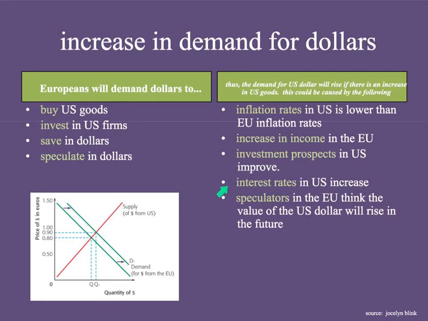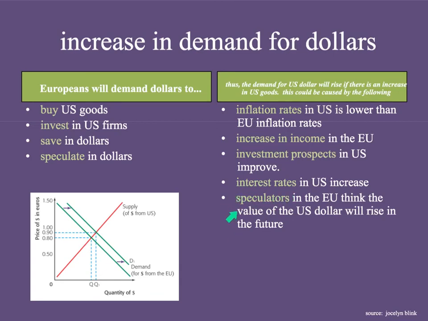European citizens would have an incentive to sell their euros and buy dollars if interest rates in the U.S. are going to increase, because higher interest rates lead to higher returns on savings accounts. If you live in the European Union and you're getting 2%, totally made up, all interest rates are much lower than this right now, if you save your euros in a bank in Europe, but there are 4% interest rates in the United States, you're going to take your euros and turn them into U.S. dollars.